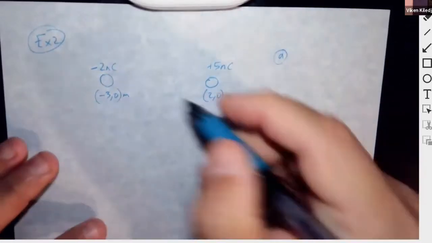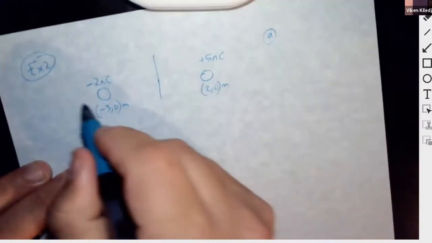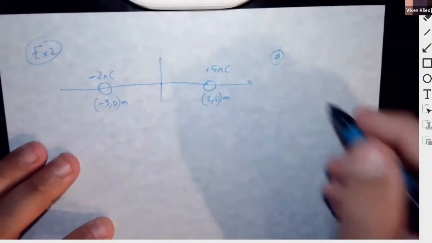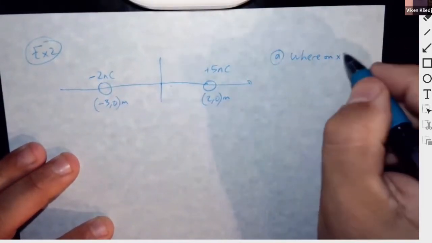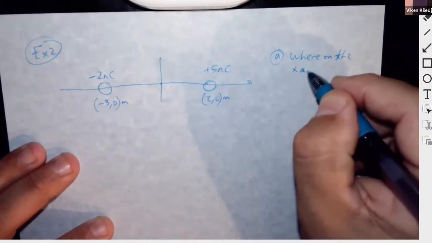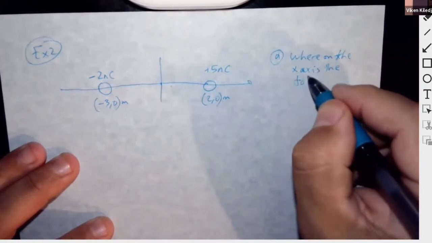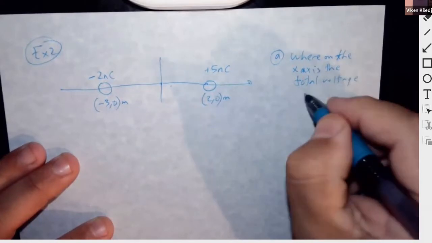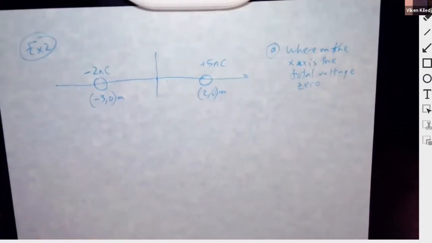We're on the x-axis. So this is the x-axis right here. Is the total voltage 0? Okay.